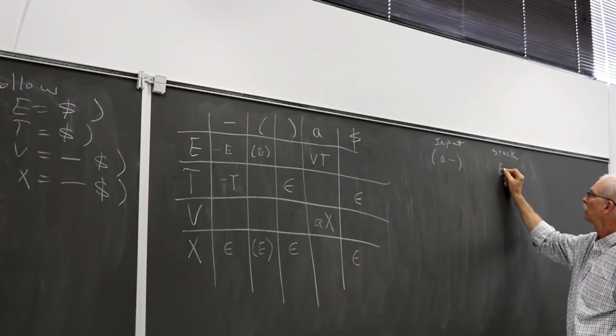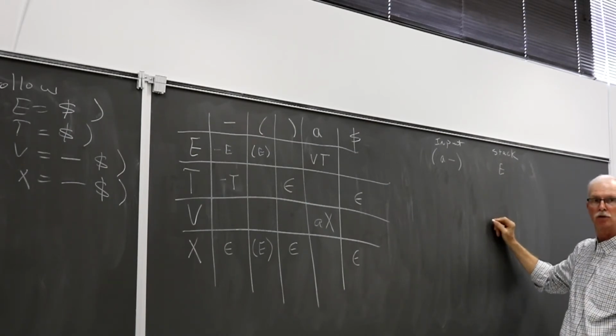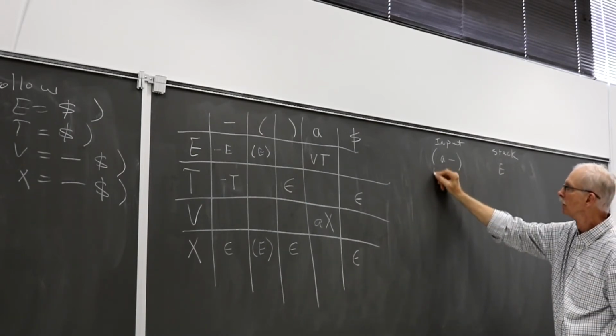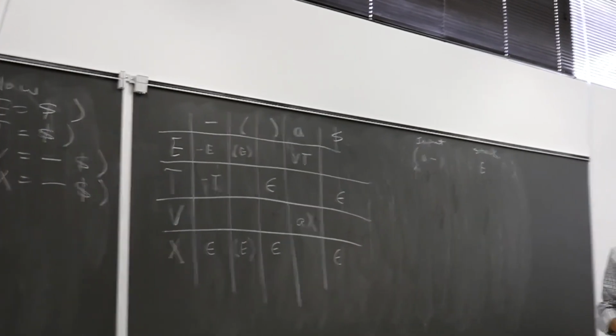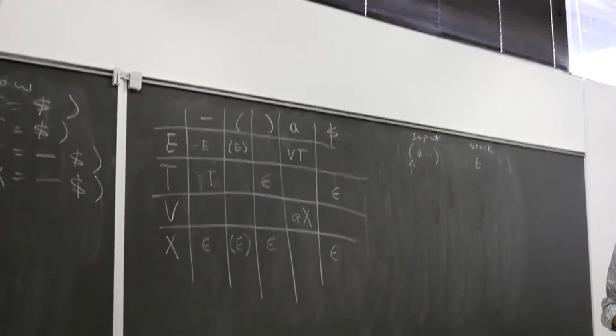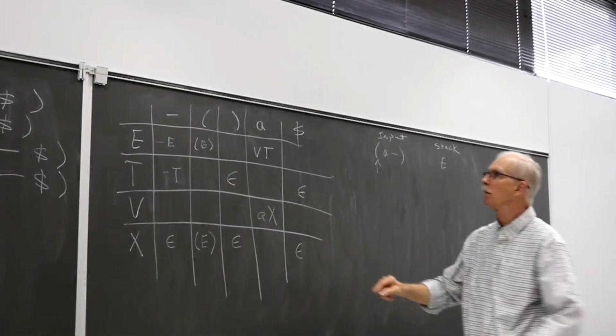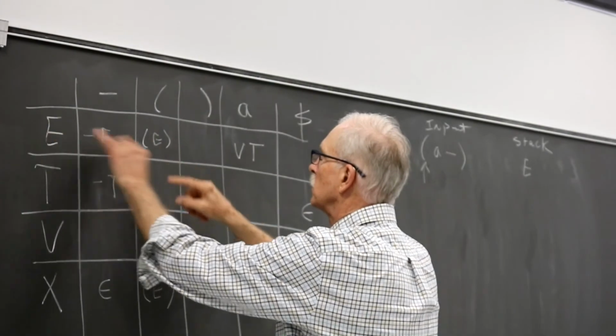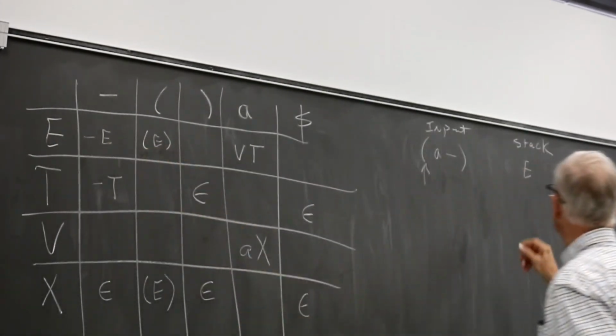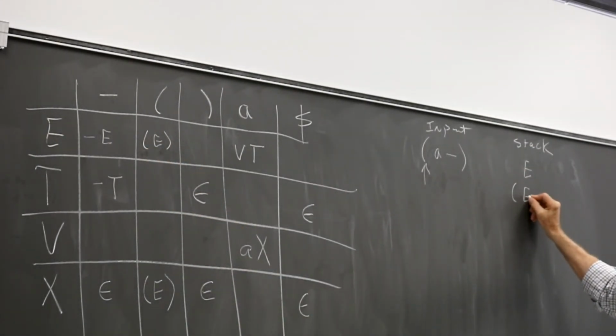And so I'm starting out with E. That's the start symbol. And my input token is left paren. So I look up E left paren, and it says replace the E by paren E paren.